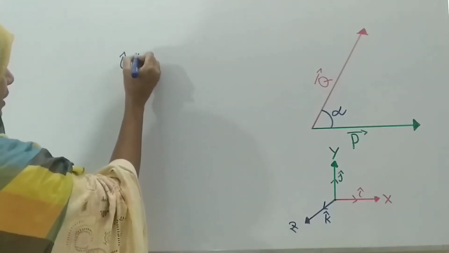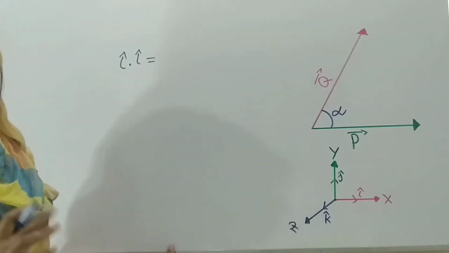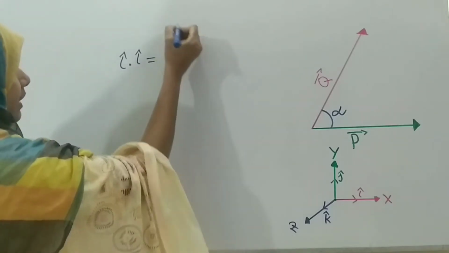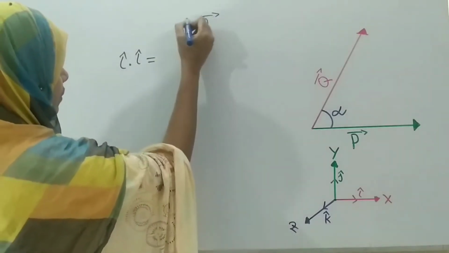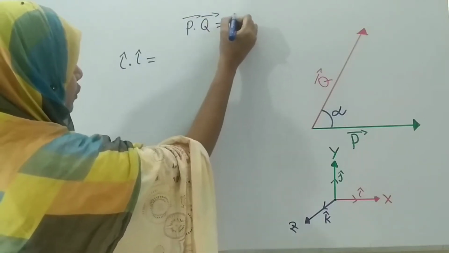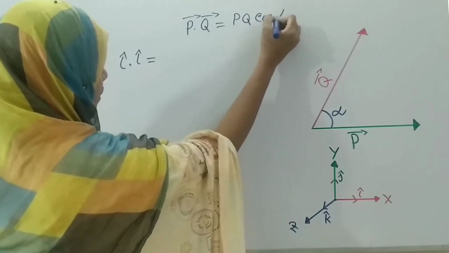from the equation of dot product, we know that P dot Q is equal to P Q cos alpha.